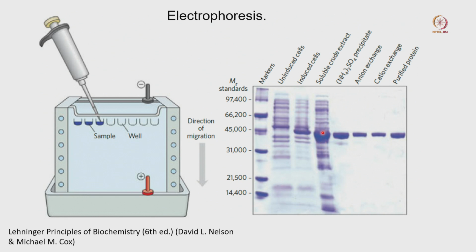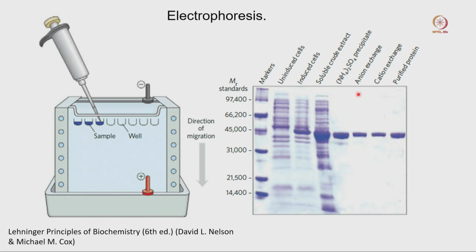Now, in the soluble extract you have multiple other proteins, and you also have your protein in a huge amount, because in the induced cell you have this band and in the soluble fraction also you have this band, but it is missing in your uninduced cell. But if you go to the purification stage, you can see in your soluble extract so many proteins are there, but when you use the anion exchange, cation exchange or purified protein, you can see only a single band.